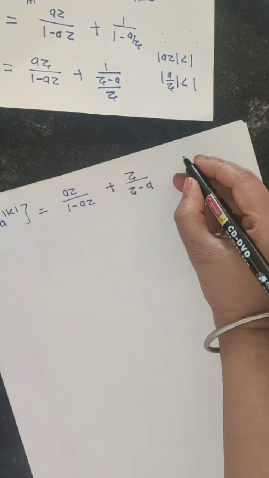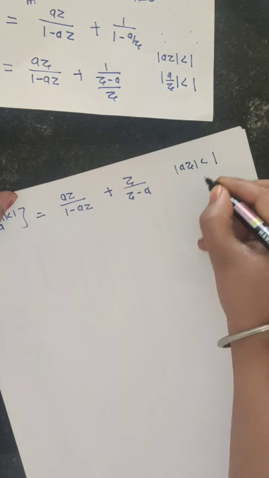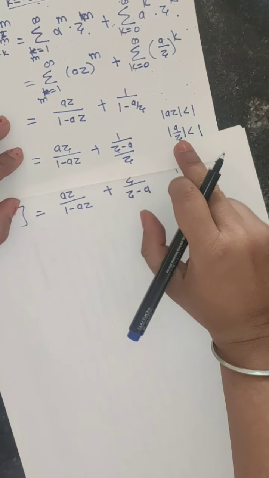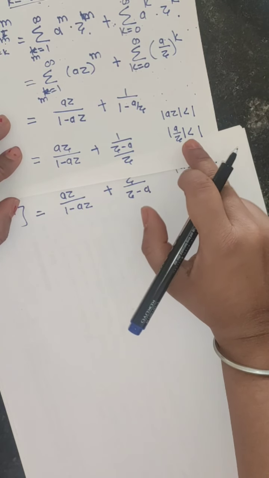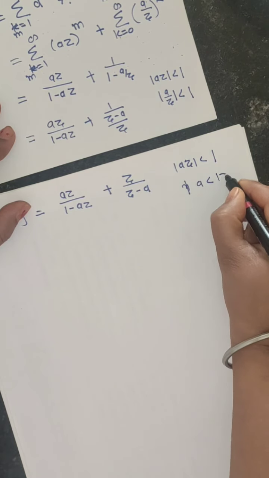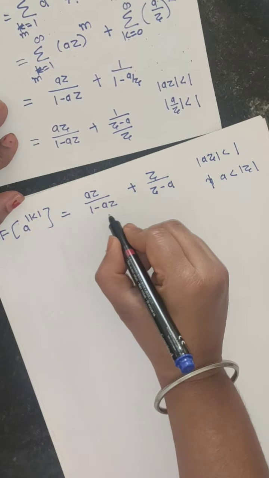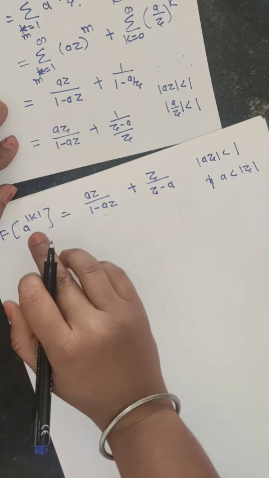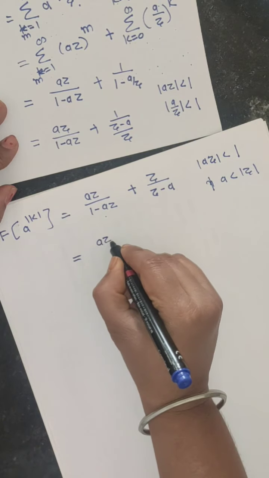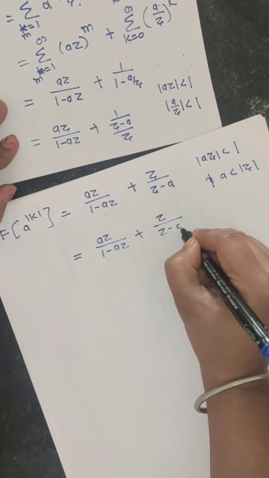For the region of convergence, modulus of az less than 1, and for the second, multiply both sides by modulus of z. So we get a less than modulus of z. This is the z transform of the sequence a raised to modulus of k: az upon 1 minus az plus z upon z minus a.